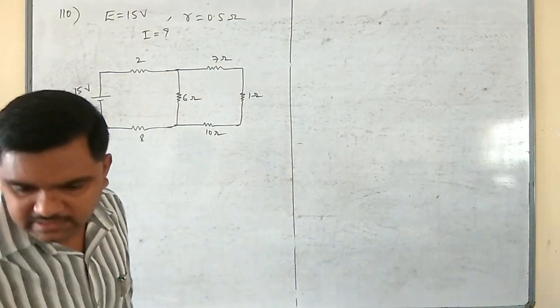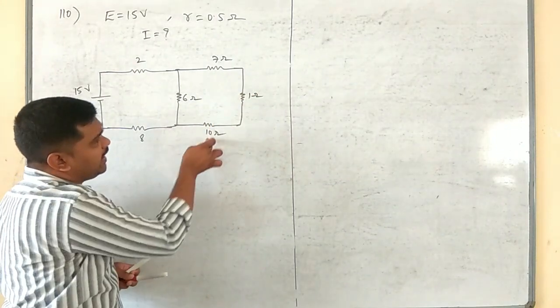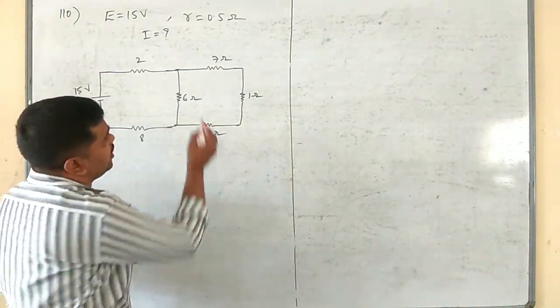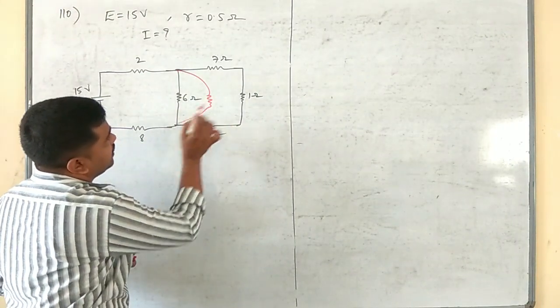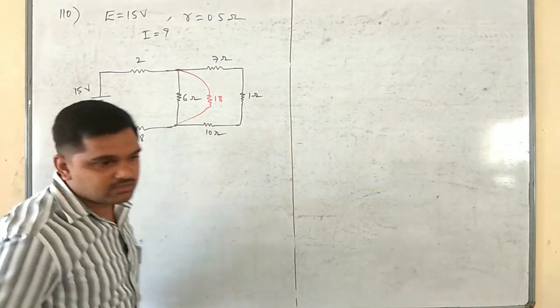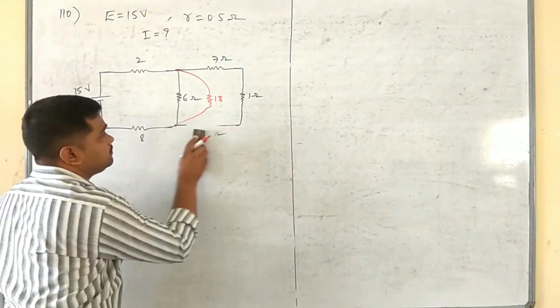Very simple thing. See here, what we have to do first: 7, 1, 10, these three are in series. On solving them, what do we get? 7 plus 1 is 8, 8 plus 10 is 18.